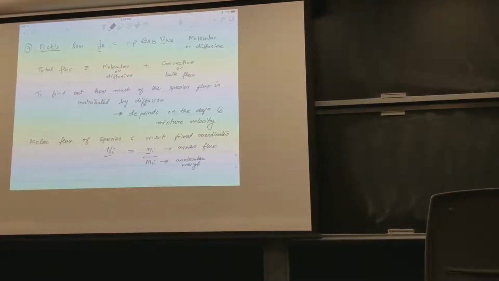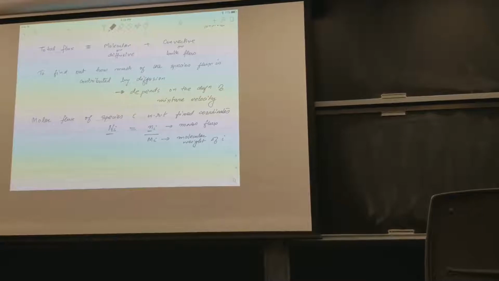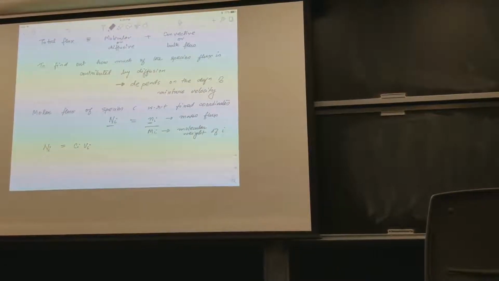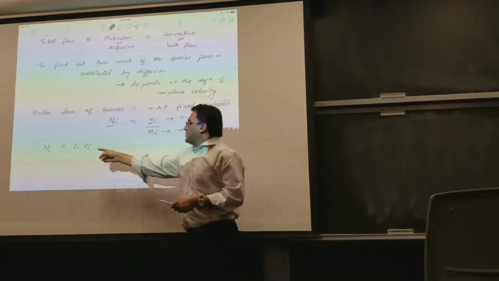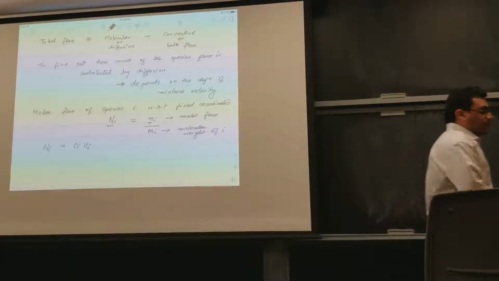Because when I divide, for a species i, the mass flux by the molecular weight, it gives me the number of moles per unit area per unit time. So this total flux is such that it accounts for the concentration of species i and the velocity of species i.